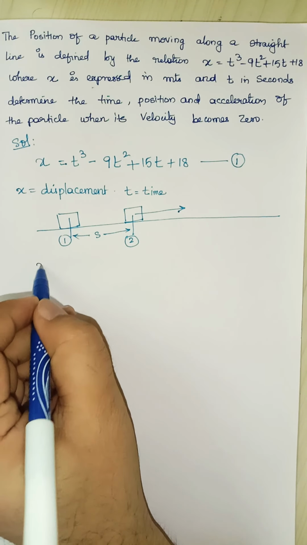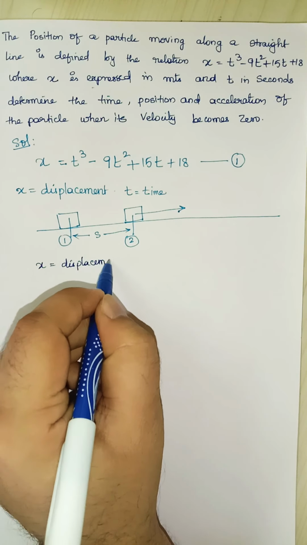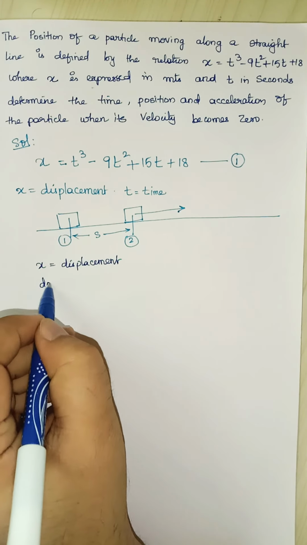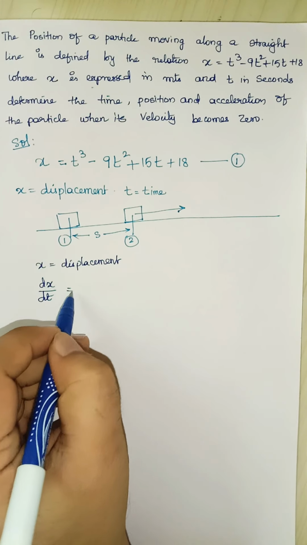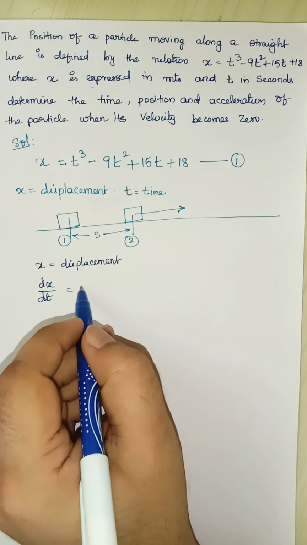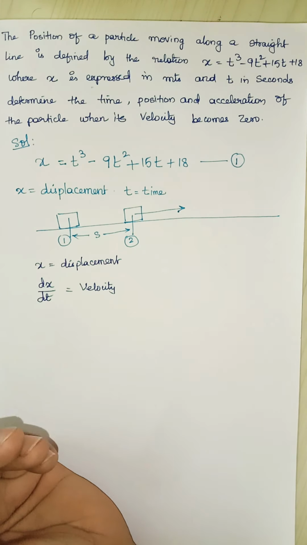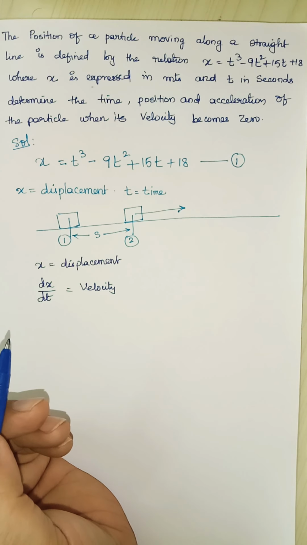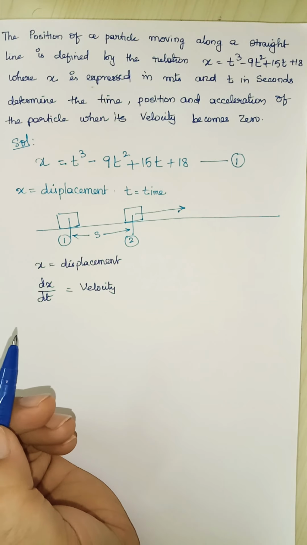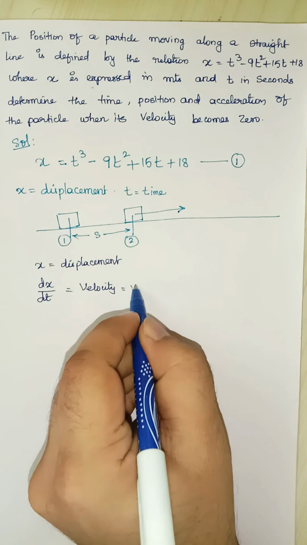When x is the displacement, dx by dt, the rate of change of displacement with respect to time, can be taken as velocity, whereas the rate of change of distance with respect to time can be taken as speed. In the horizontal direction, dx by dt is taken as velocity, which is v.